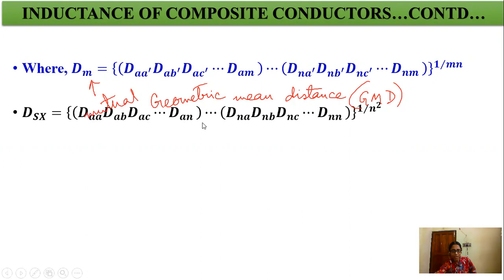And this product happens for all the strands: DBA, DBB, DBC, up to DBN, just like that. This one, DSX, is called the self geometric mean distance.